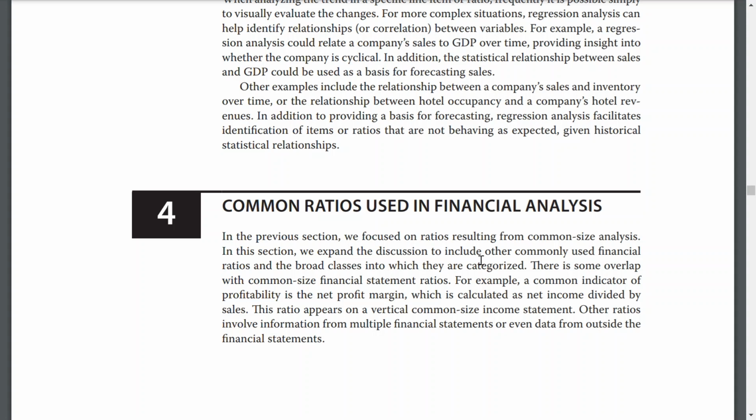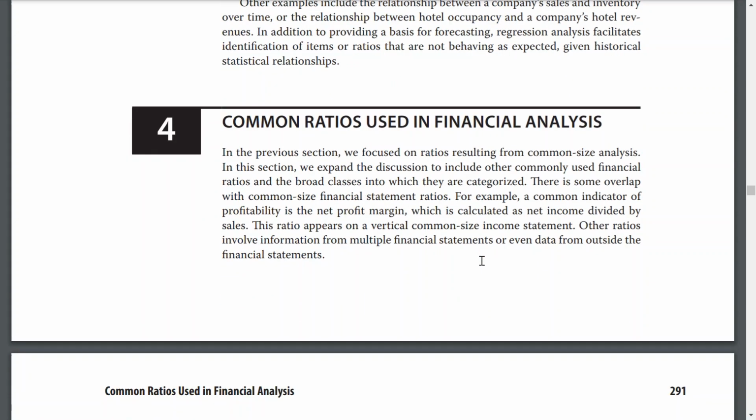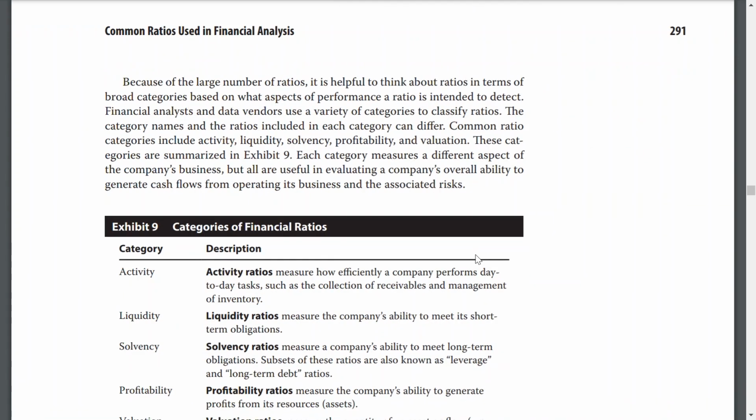Other ratios involve information from multiple financial statements or even data from outside the financial statements. Because of the large number of ratios, it is helpful to think about ratios in terms of broad categories based on what aspects of performance a ratio is intended to detect. Financial analysts and data vendors use a variety of categories to classify ratios.